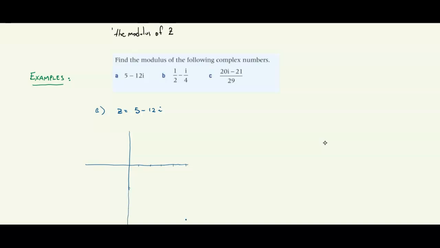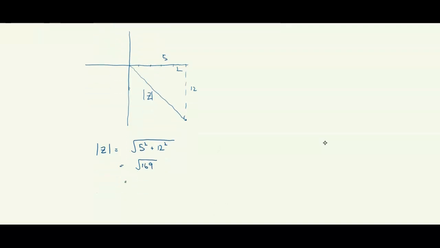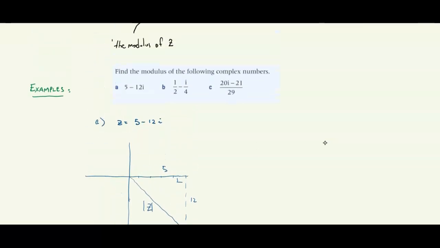My modulus is going to be that distance there, where I have a right angle triangle, 5 here and 12 here. I don't need to do this each time, I'm just doing it as a demonstration. I know that my modulus of z, and I do want you to write this out please, is equal to the square root of 5 squared plus 12 squared, which is the square root of 25 plus 144, which is 169. So the modulus of z is equal to 13. So go ahead and do B and C if you wish, and pop back and see if we agree.